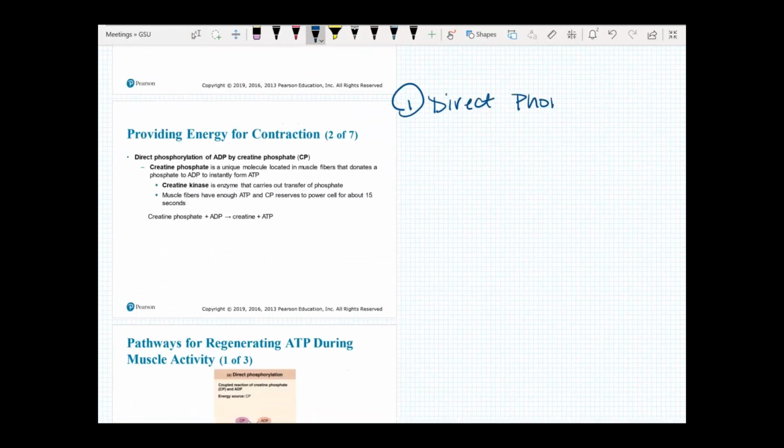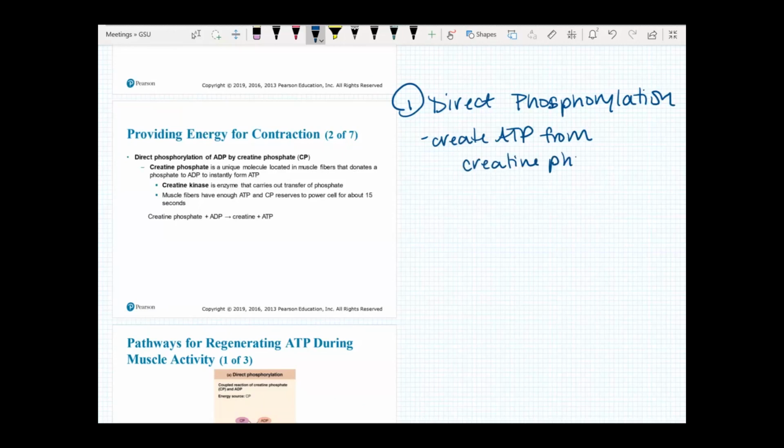So with direct phosphorylation, what we are doing is we are going to create ATP from creatinine phosphate. It's a molecule that you have in your body naturally, creatinine phosphate, that we can essentially create ATP from.